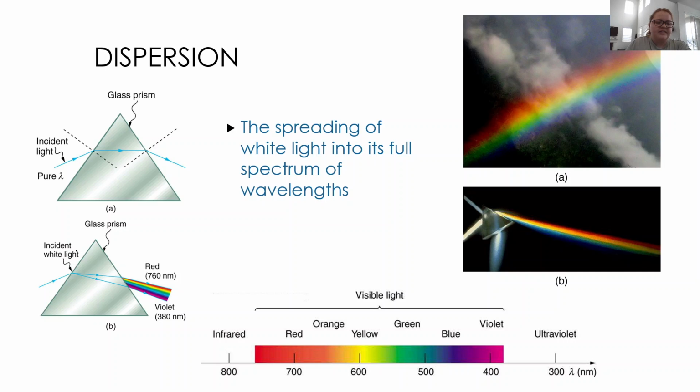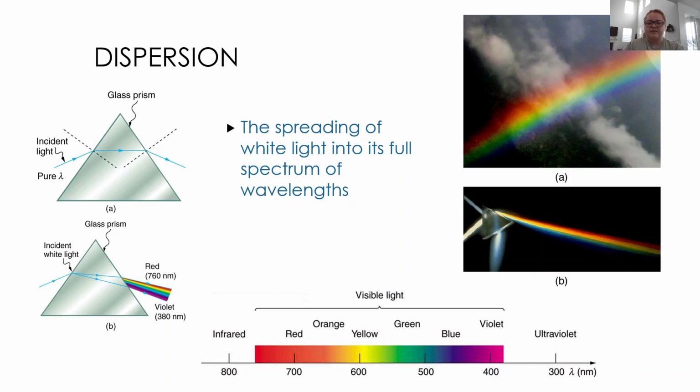Now, if we have incident white light, it will do something similar, right? So we have our incident ray coming in, changing direction, and it'll split up into its component colors. So it acts very similarly to just a pure wavelength of light, except it will split into its component colors, or its spectrum of wavelengths, okay.